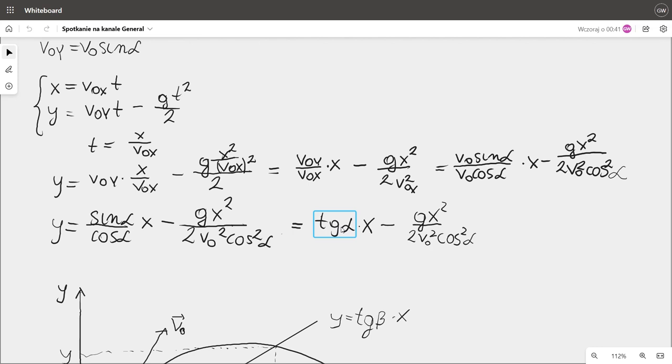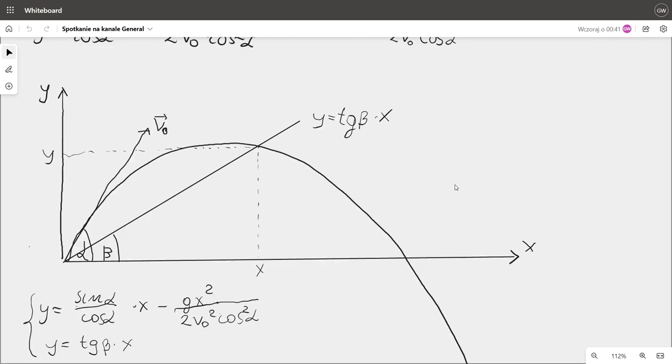Now it is enough to write the equation describing the obstacle and combine these two equations to find the coordinates of the point that is part of these two lines. If the obstacle is a hill, its equation is just the equation of a straight line y equals ax plus b, where a is tangent beta and b is 0.